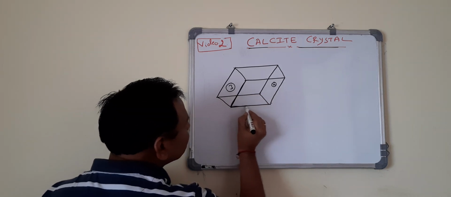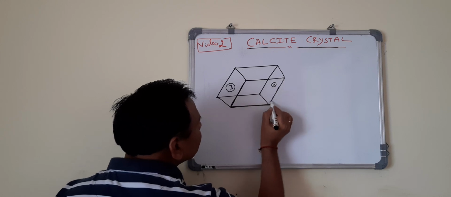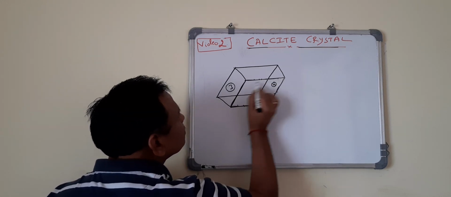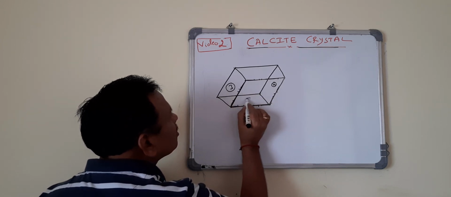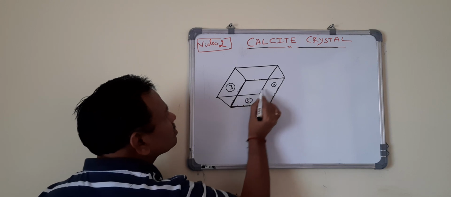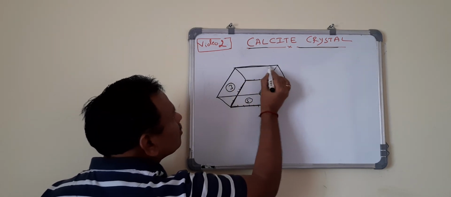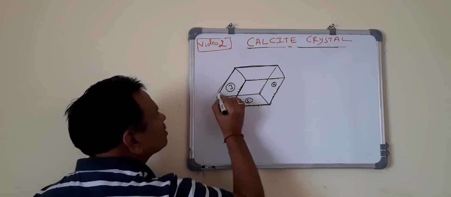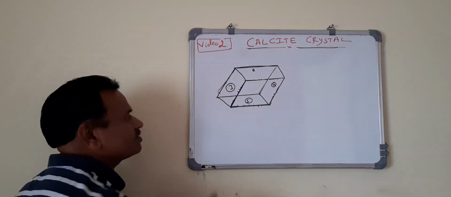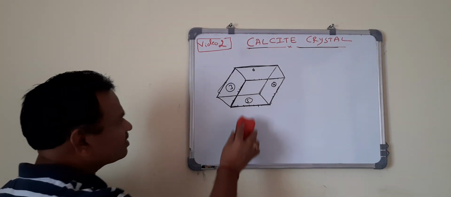This is face 5, students. Like this, this is face 5. Similarly, this is face 6. Only 6 faces are there.